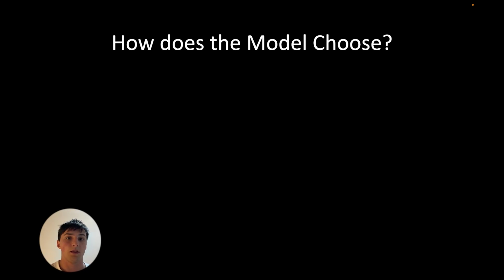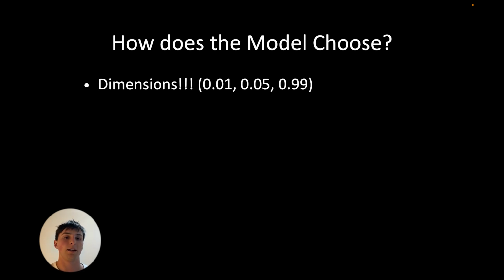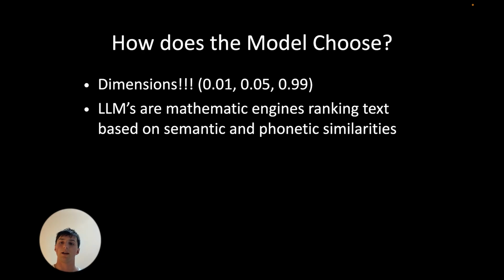So another big question that we want to ask is, how does the model choose? How does it choose what chunks are the most relevant to the query? And that is through dimensions. So dimensions look like this. They're literal numbers. So LLMs are truly mathematical engines that are ranking words and phrases based on semantic and phonetic similarity.